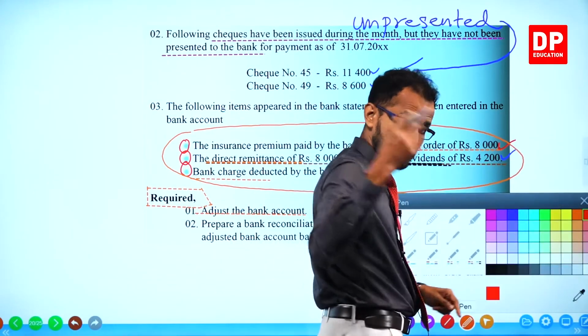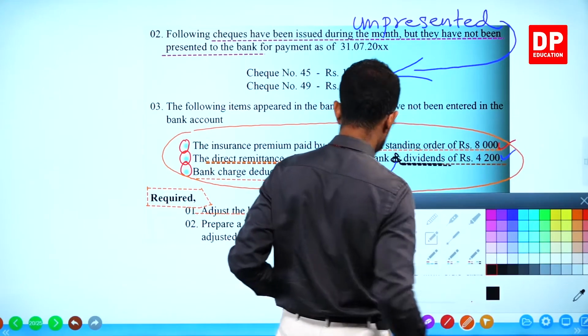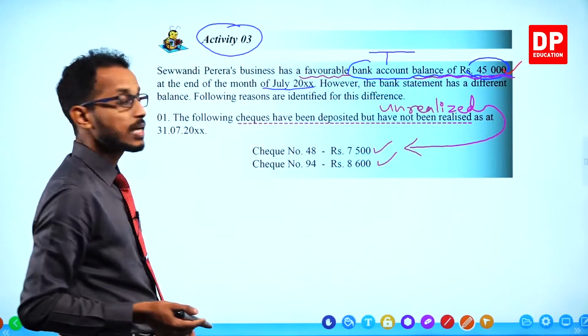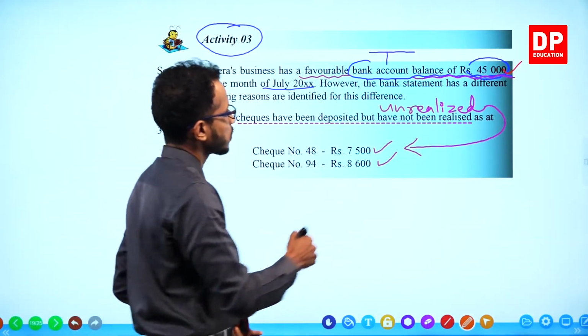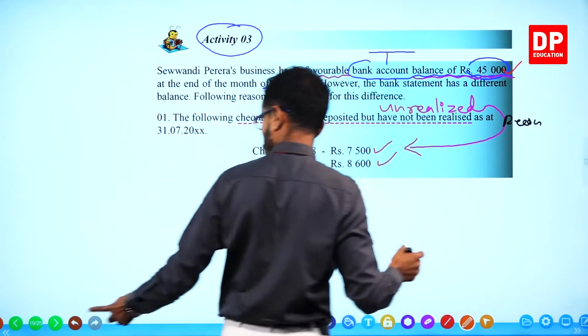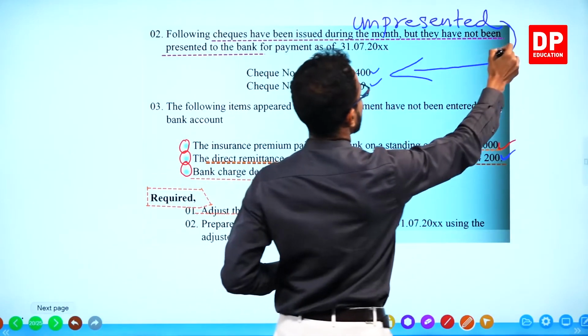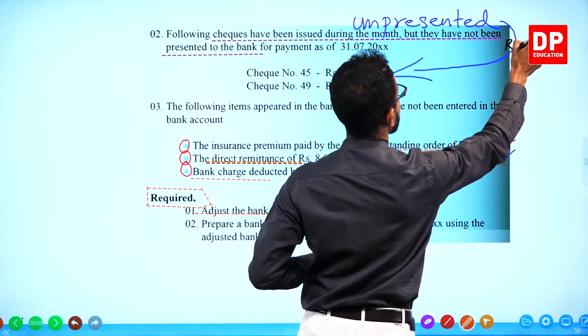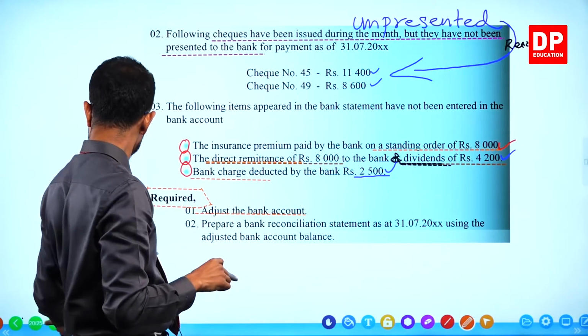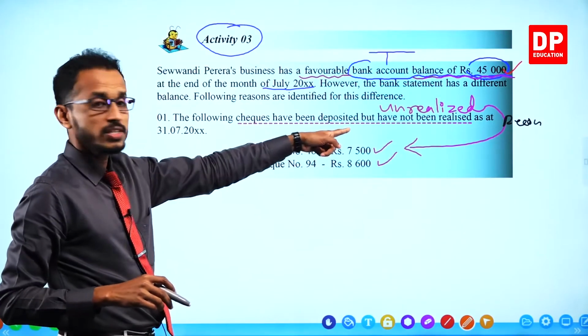I told you earlier when we started the question, these two items go to the bank reconciliation statement. This goes to the recon, and this also goes to the recon. Now we are going to take those.